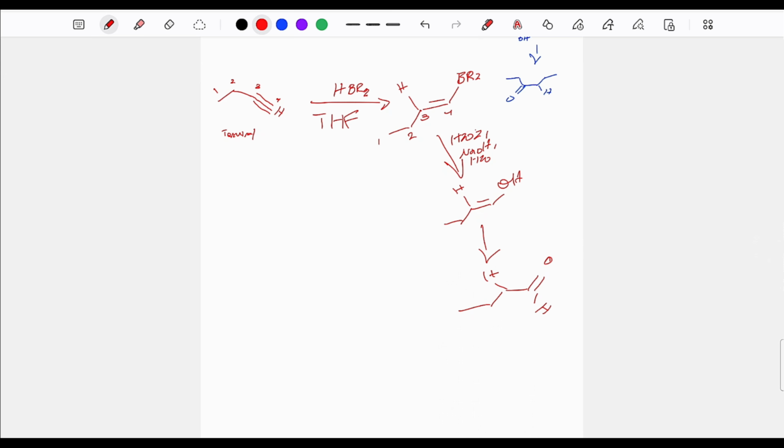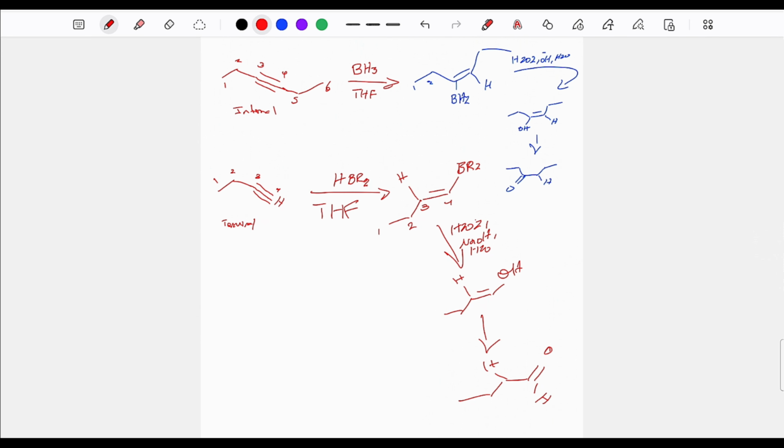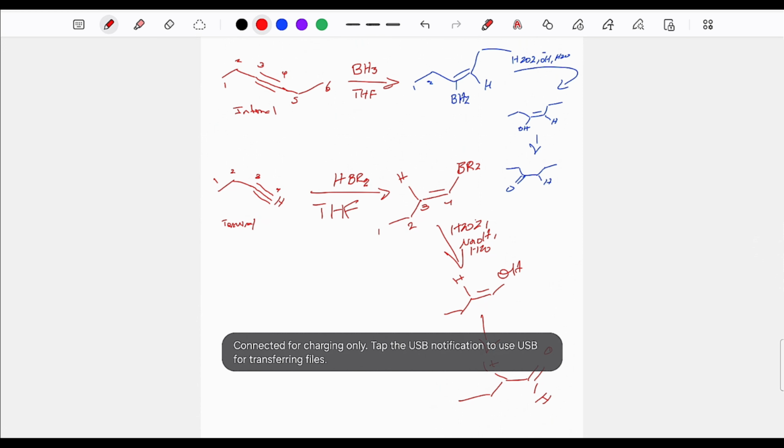Like I said, alkyne is required, borane is required. If you're looking at an internal alkyne, or if you're looking at a terminal alkyne, a bulky dialkyl borane such as dicyamyl or dicyclohexyl borane is required, and in THF, of course, and both of them are followed by hydrogen peroxide and hydroxide and water.